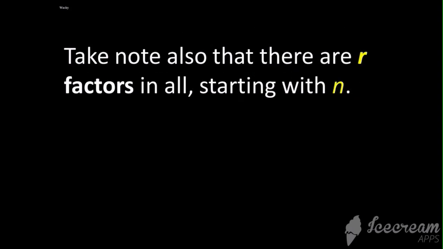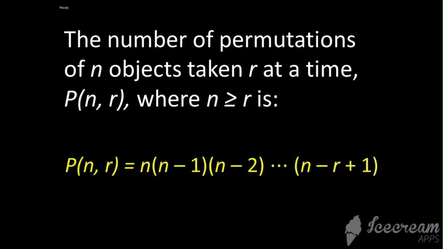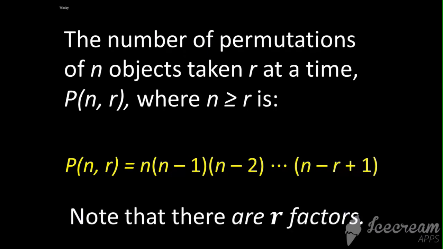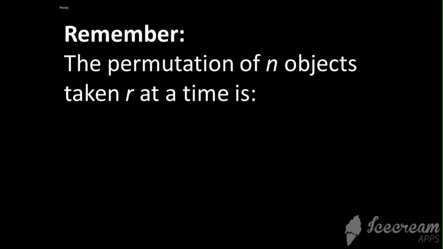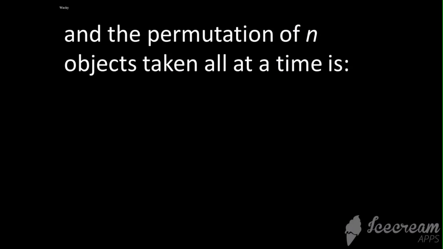Take note also that there are r factors in all, starting with n. So the number of permutations of n objects taken r at a time, where n is greater than or equal to r, is given by the formula. Remember, the permutation of n objects taken r at a time is this, and the permutation of n objects taken all at a time is this.